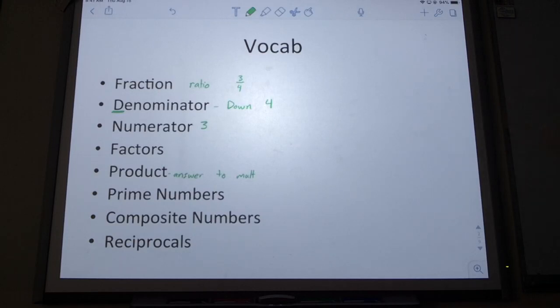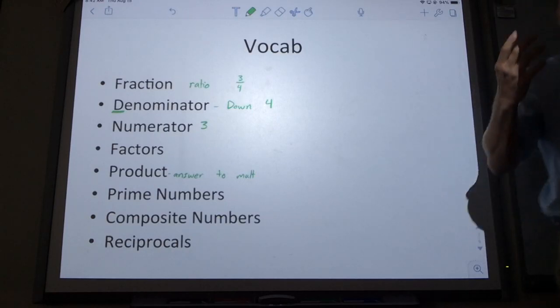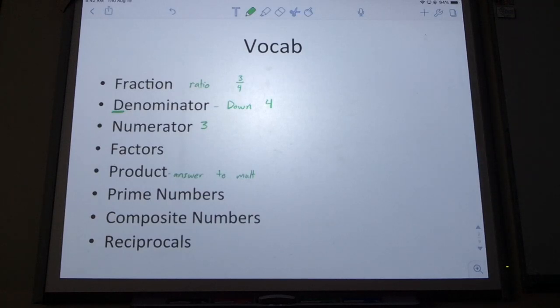What was the reasoning behind those being prime numbers? Nothing can be divided by except one and itself. Good. Okay, so that's the textbook definition. They can only be divided by one and themselves. But you can also say nothing can multiply except for one and themselves. So that's what a prime number is. You can only find a couple factors of it.